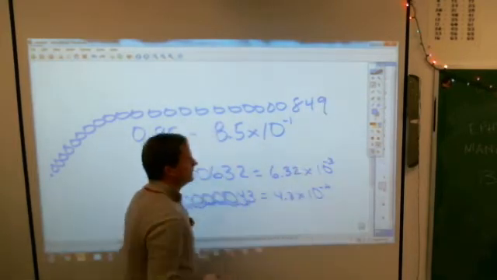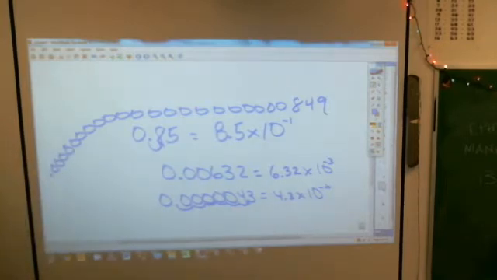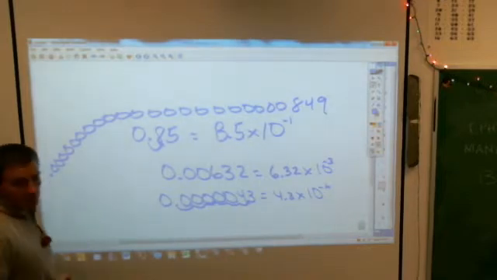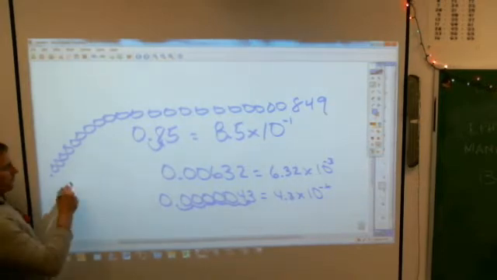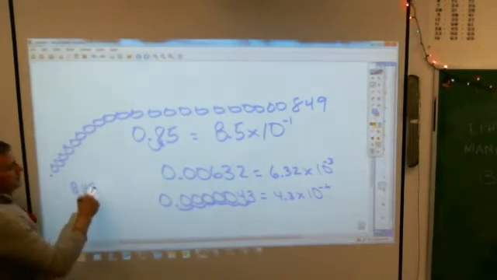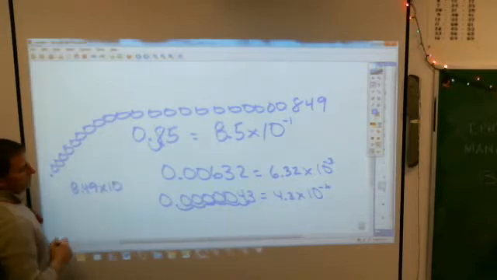0.00000000000849. How many zeros is that? I don't know, you count. 21. Is there 21 zeros? So the answer, Parker, is 8.49 times 10 to the -21st power.